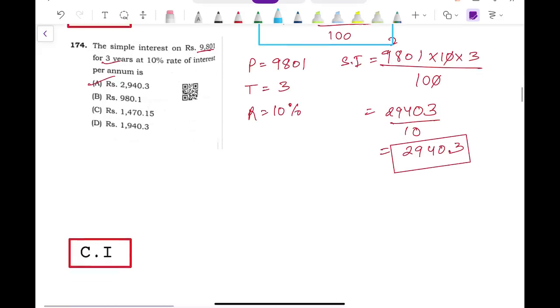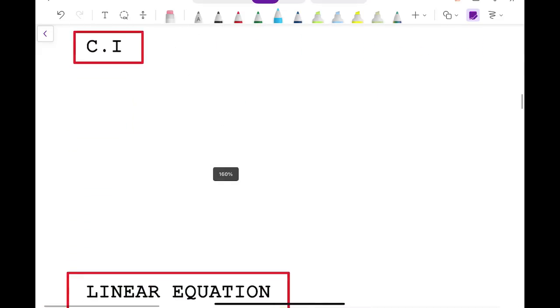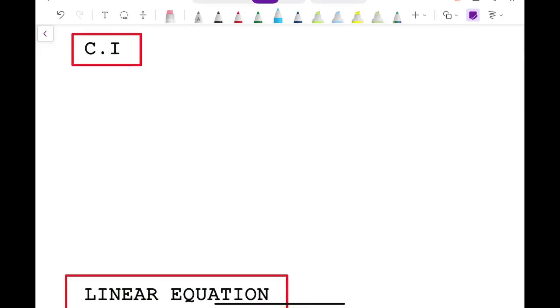Now what about compound interest? Compound interest, I don't have a question here, but I'll just give you the formula. Compound interest formula is principal into 1 plus rate divided by 100, to the power time. So remember this.